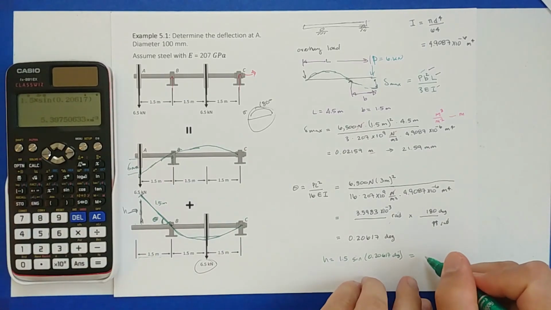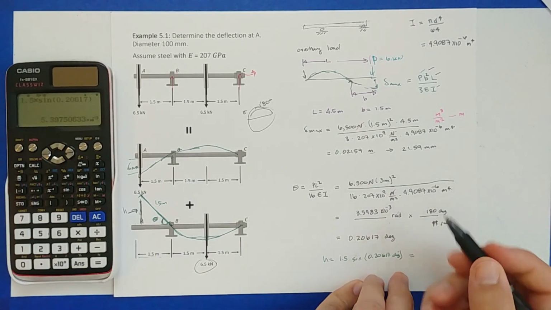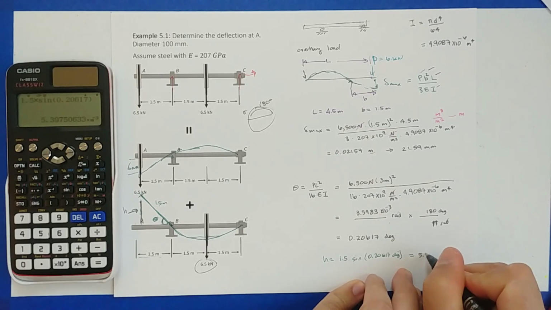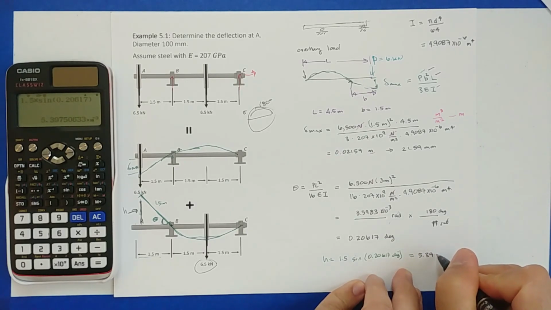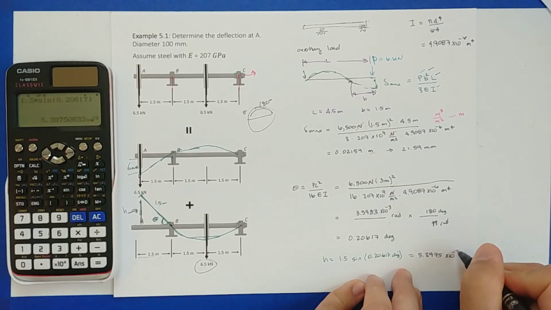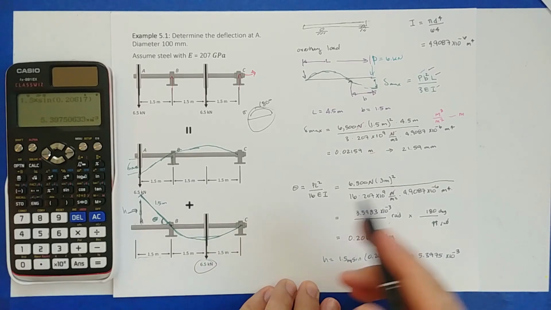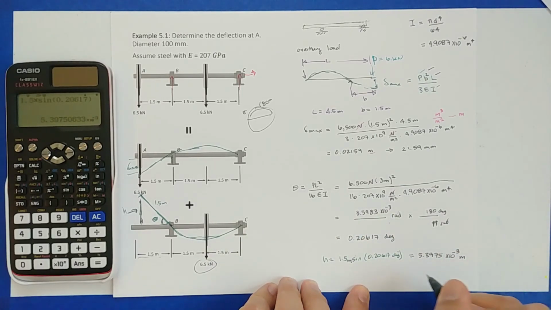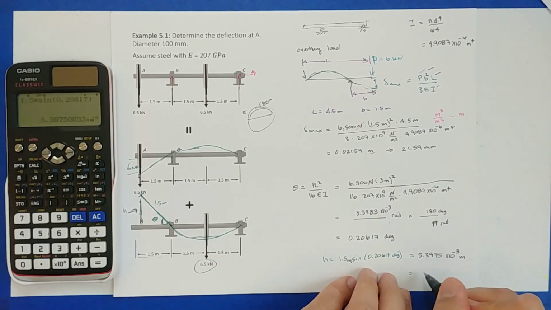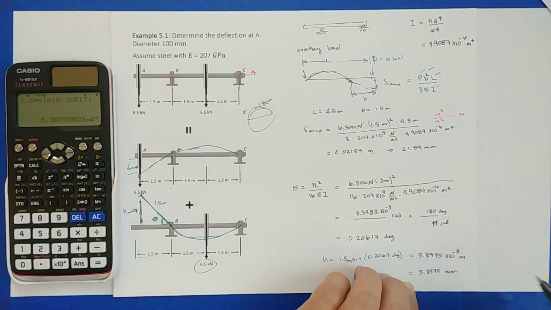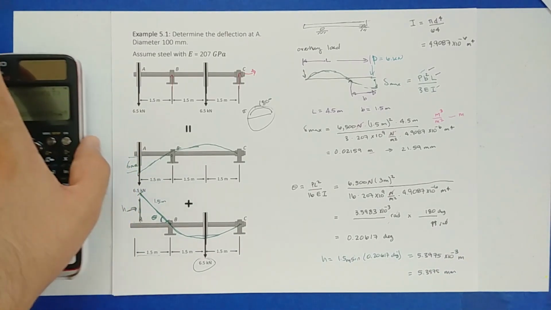It gives me 5.3975 times 10 to the minus 3. What are my units? Well, I put 1.5. This has units of meters. Or if I convert it to millimeters, this is 5.3975 millimeters.